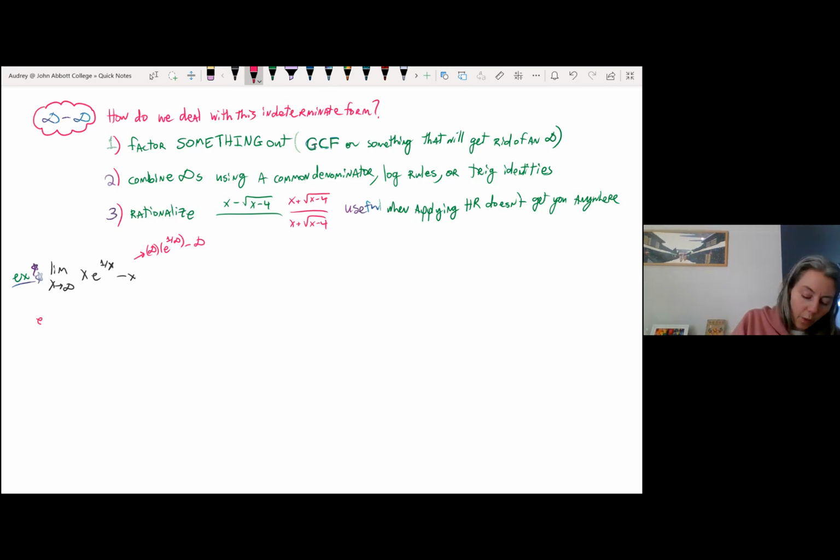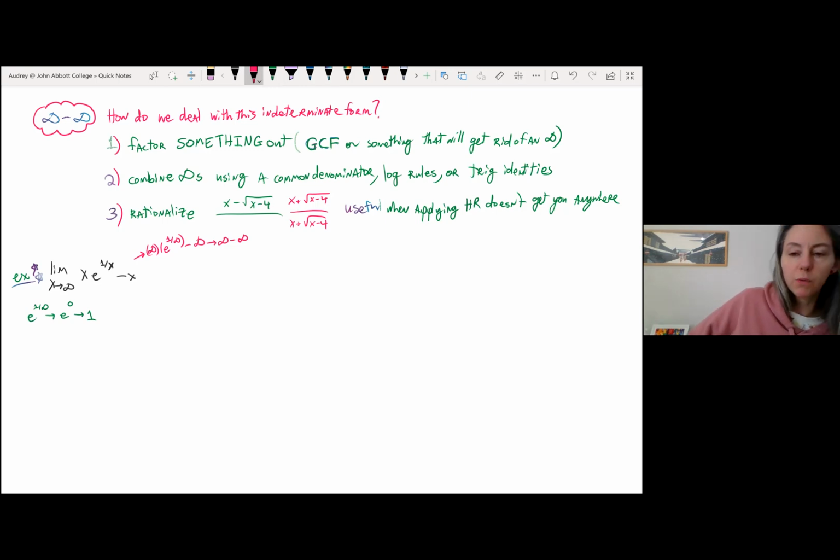So this e to the 1 over infinity that we got here, remember that division by infinity is like 0. It's getting really, really small. So this is like e to the 0. So this is 1. And so this does give me infinity minus infinity.